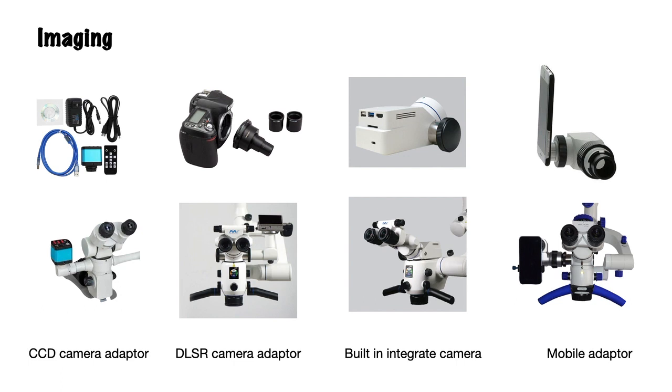Imaging is a very important topic today, because when we choose a microscope and we are not able to choose a good one, we may spend money which is not useful. So we have four ways to make imaging today. We have a CCD camera.